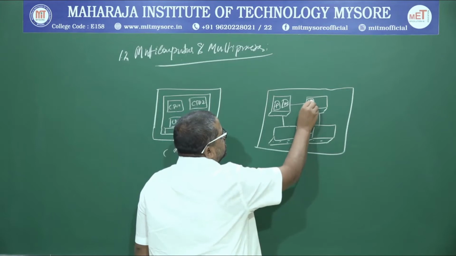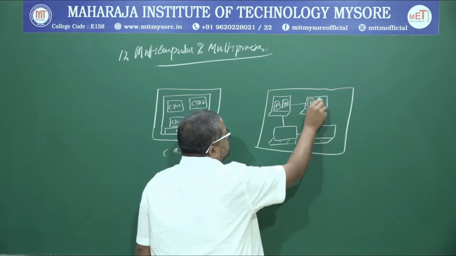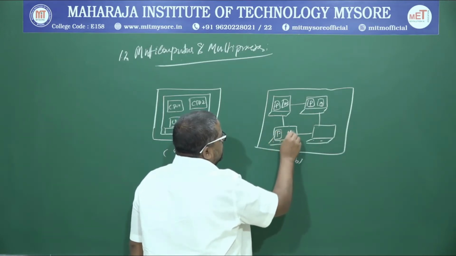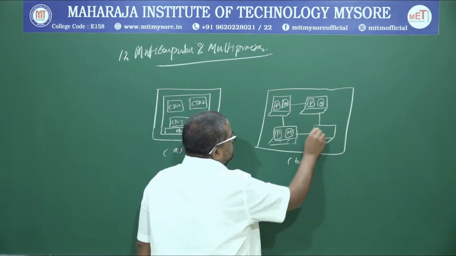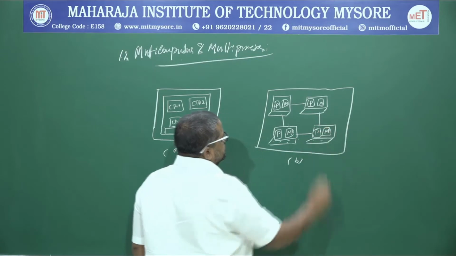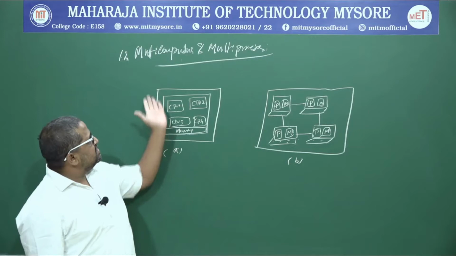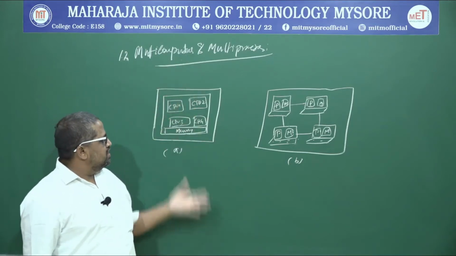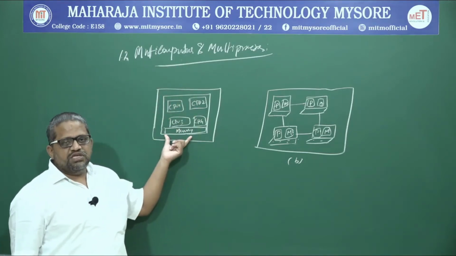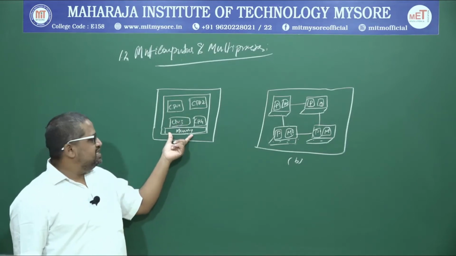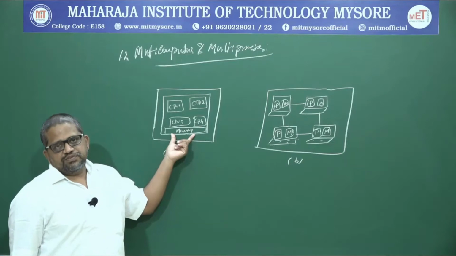Here processor and memory, processor and memory. Right? Now I said memory is one parameter that defines the difference between this and this. Now in this case the memory is common among all processors. Simply I am going to call it the shared memory concept.